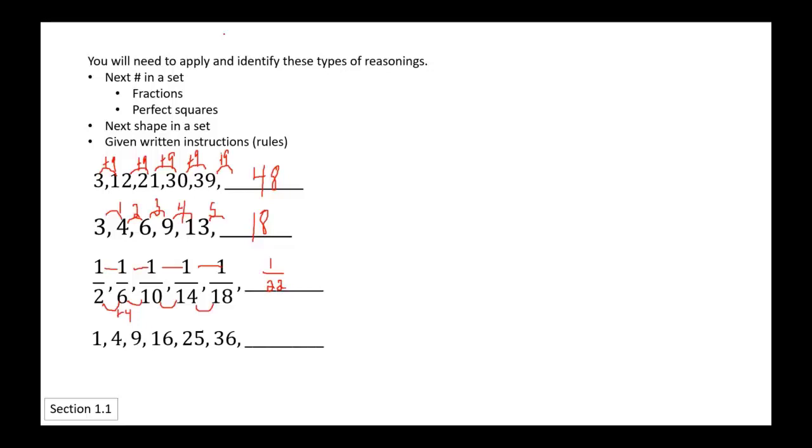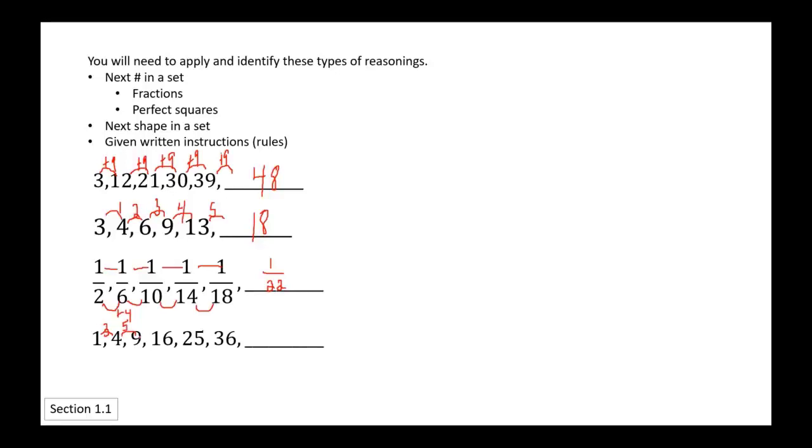Now, if I look at this last set, because I work with math all the time, this kind of screams to me. This is a very special set of numbers, but I don't think students are necessarily going to see that right off. So what can we do? Well, we might look at differences: from 1 to 4, they've added 3.